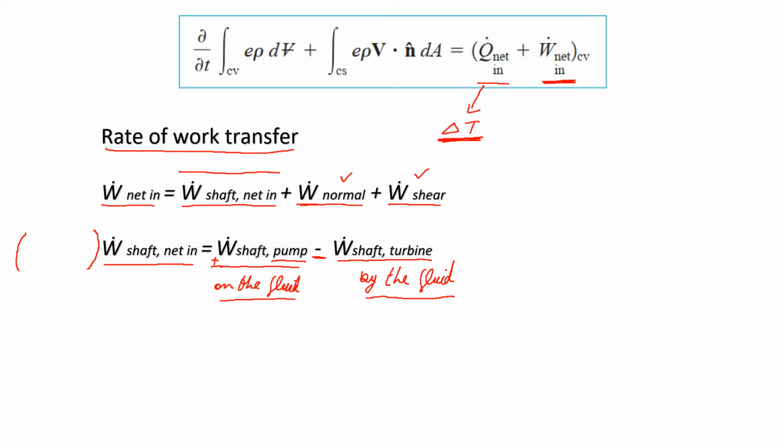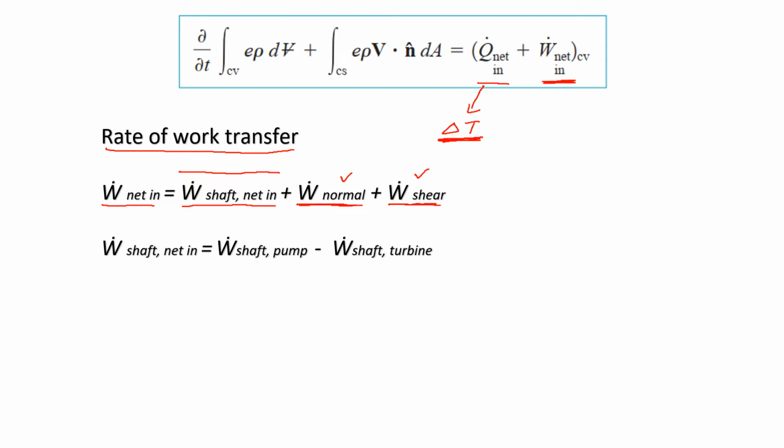And now we will look at the terms: the rate of work transfer required to overcome these normal stresses and these shear stresses. When we are talking about the rate of work transfer required to overcome these stresses, we are talking about the control surfaces of our control volume, and by control surfaces, I mean the inlets and outlets of my control volume.